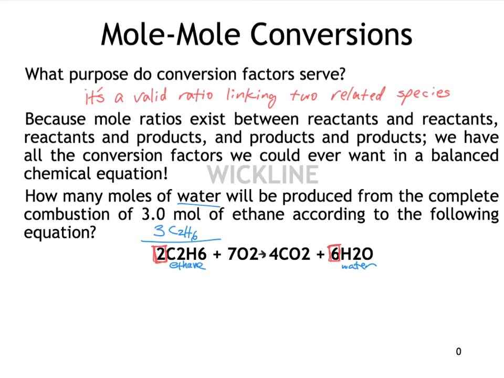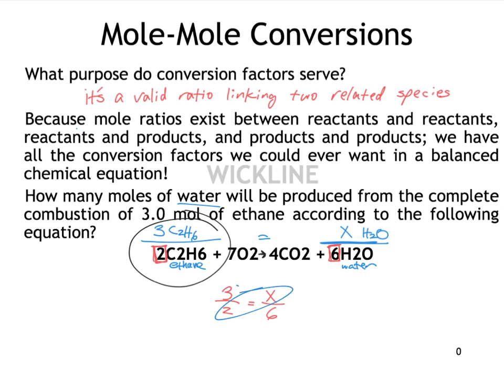And from there, we're just going to construct a very simple ratio. It's going to start out with this term, 3 over 2, is going to be equal to a new term, which in this case is going to be x number of moles of water. So the ratio is 3 over 2 is equal to x over 6. Now, as I go to solve for this ratio, I recommend cross-multiplying.